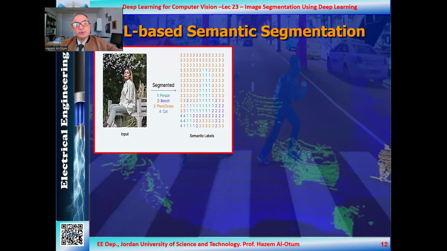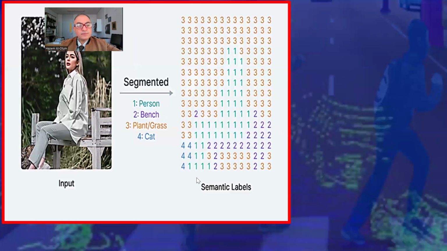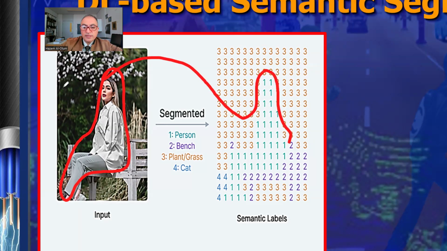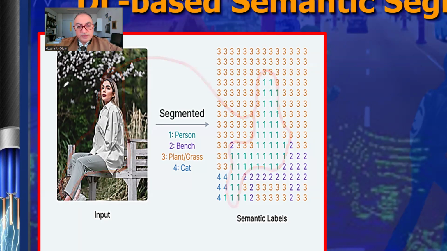A good example here: suppose that we have this image. Now, this image has been segmented using, let's say, semantic segmentation. If you look at this, for this part we have the person. You can see this part indexed as 1. This is for the person, so the semantic label is 1 for person. Next, for the bench, we have 2.